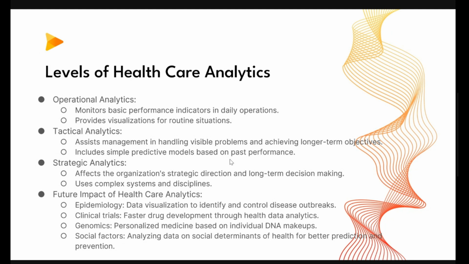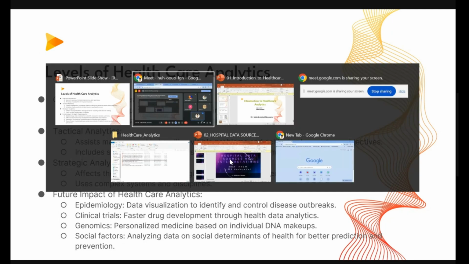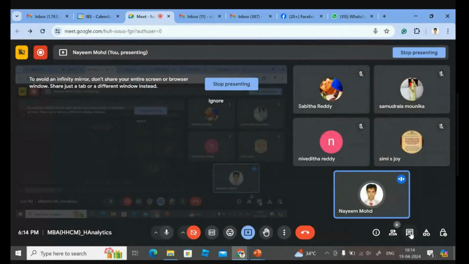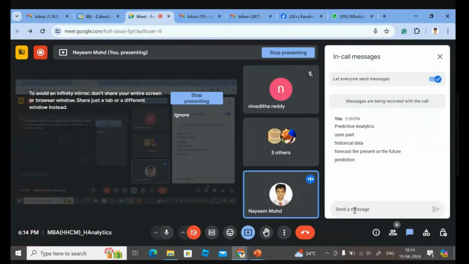Strategic analytics is usually for the top executives, top management. Top management will have this data. This data may not be available to the workers or other employees. Largely, this is for the top management, owners, proprietors, directors, executives.